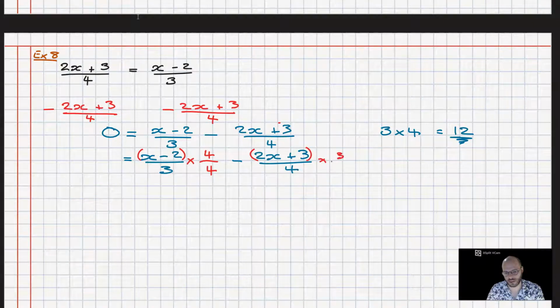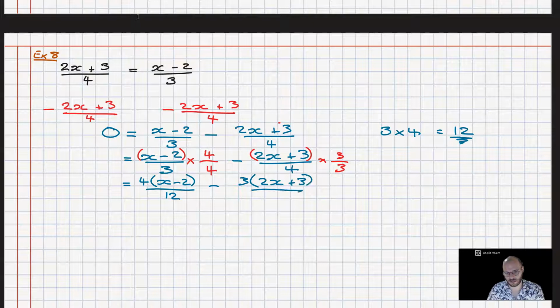Then times 3 upstairs and downstairs for this second fraction. Evaluating this, we're going to get 4x minus 2 all over 12, and then 2x plus 3 all over.